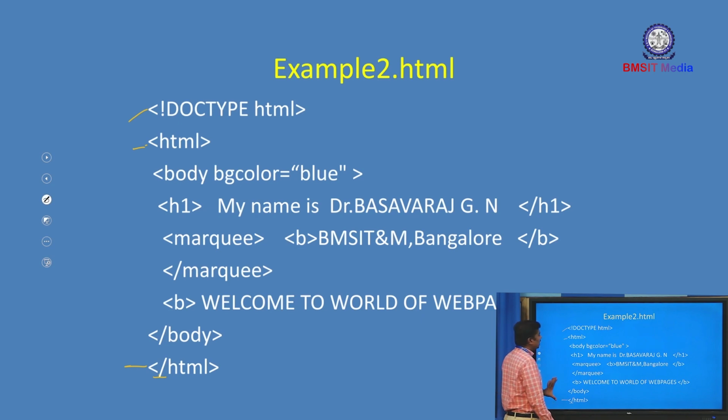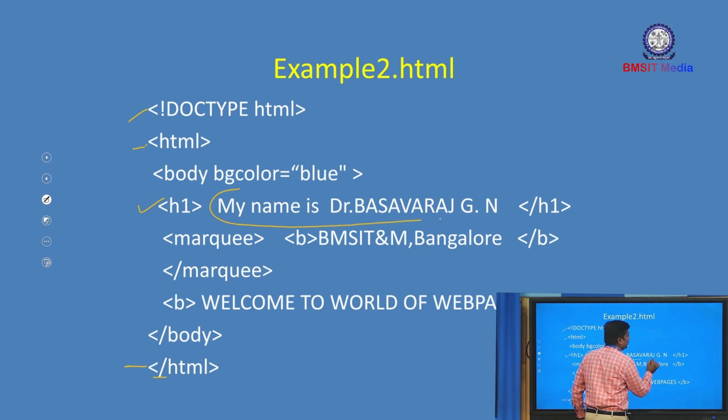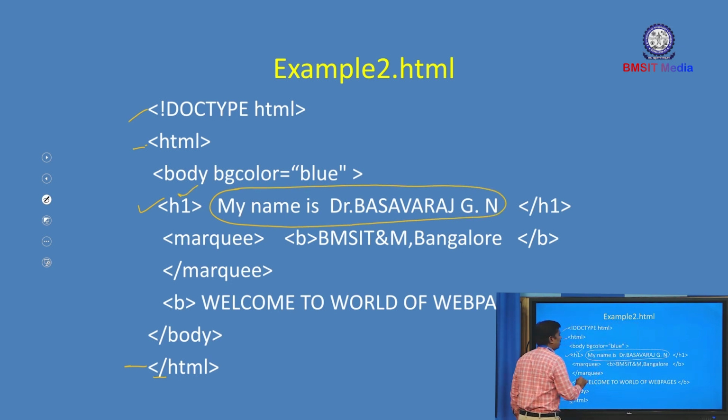Second, since in a given web page I would like to write my name in very bold, the highest bold, I have written header 1. This is what I have marked as header 1. I selected it, so that is a markup language.